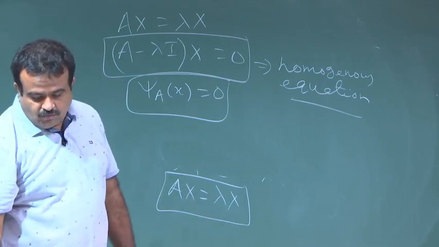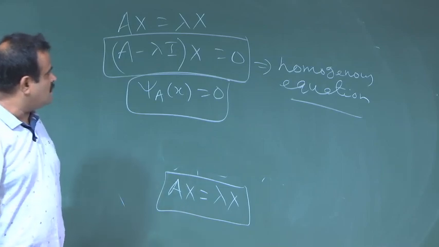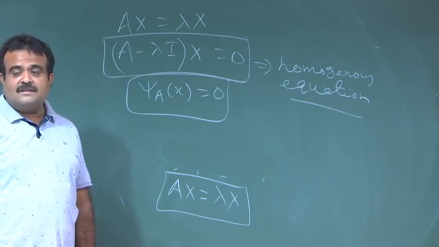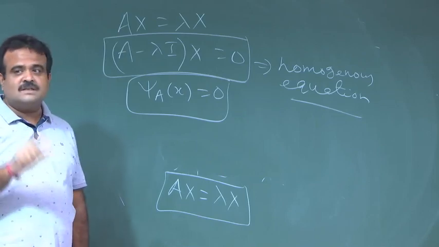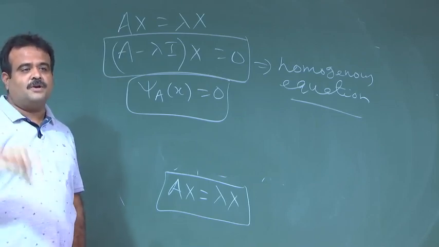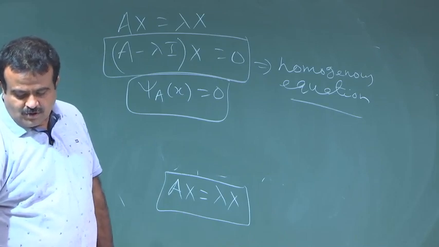So, for each eigenvector there is an eigenvalue, but the question is, can one eigenvector correspond to two eigenvalues? That we have to check.